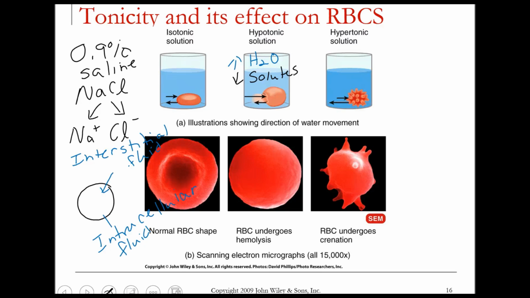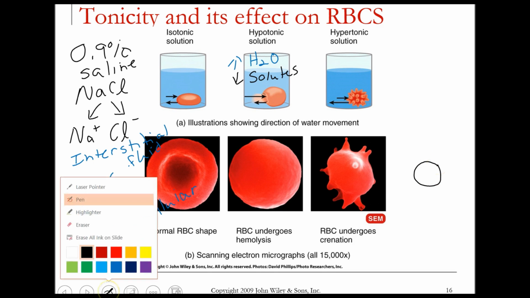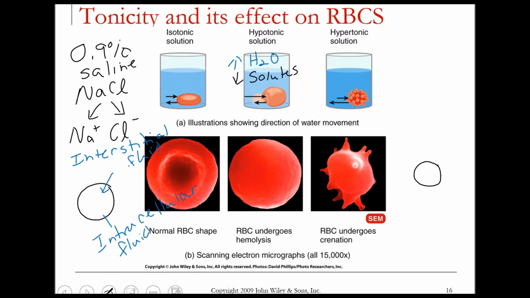Next, we see the situation of a cell in a hypertonic solution. So in a hypertonic solution, we have a cell, and this cell is going to continually lose water. So there will be a net flow of water outside of the cell from the intracellular fluid to the extracellular fluid. That means that the outside of the cell has a lower water concentration.